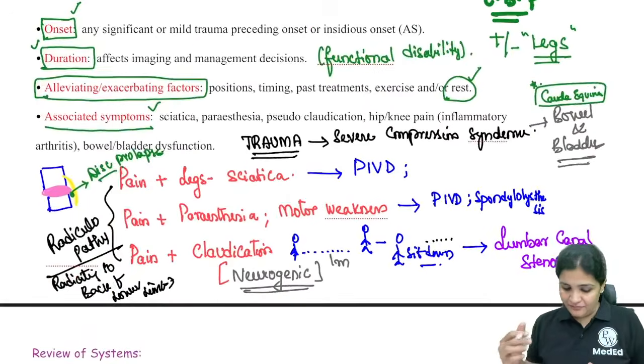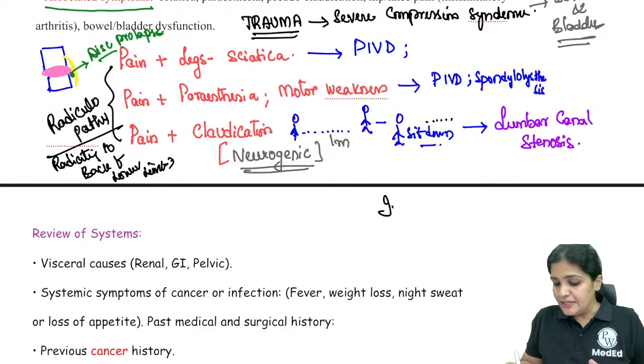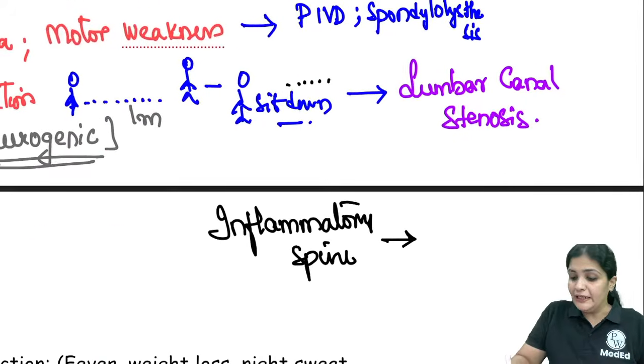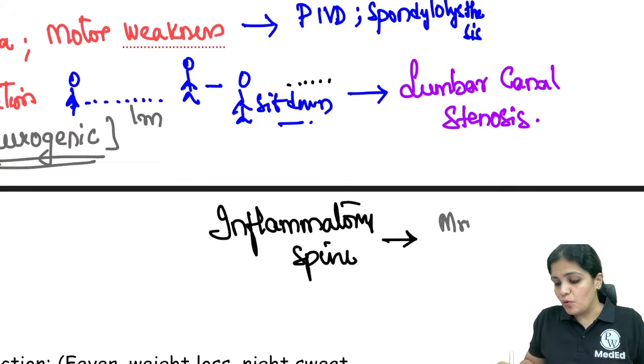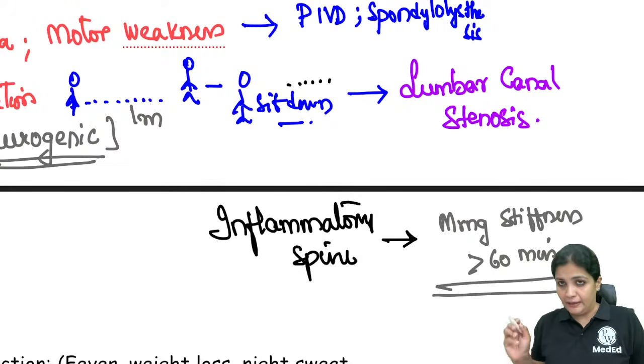Now the second one you have to remember is inflammatory spine conditions, right? So how do they start? They start with a very important symptom which is called morning stiffness. The patient will tell you that he is having pain in the low back, right?